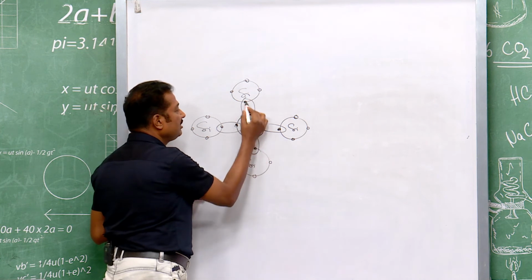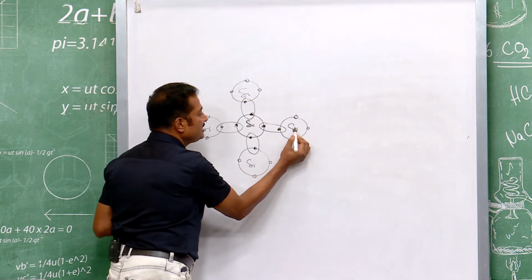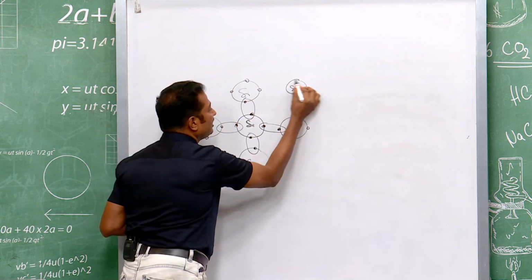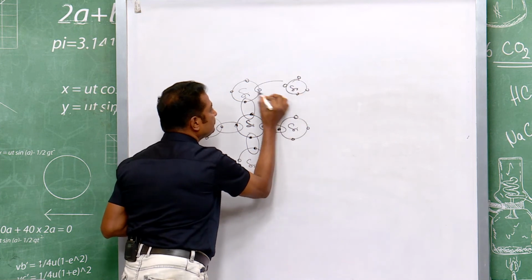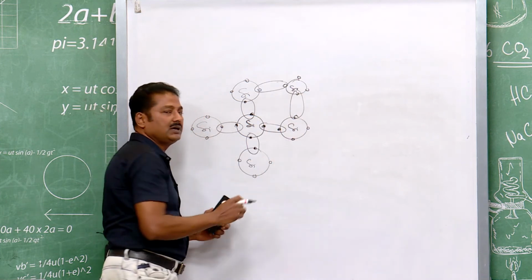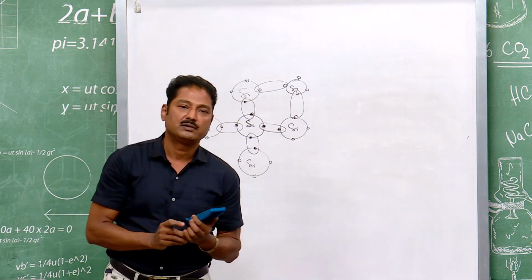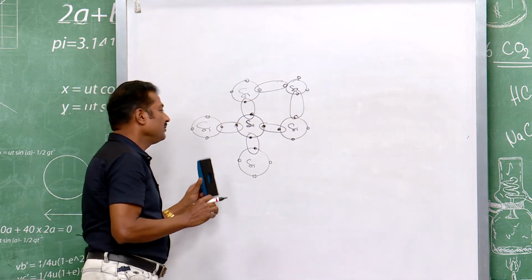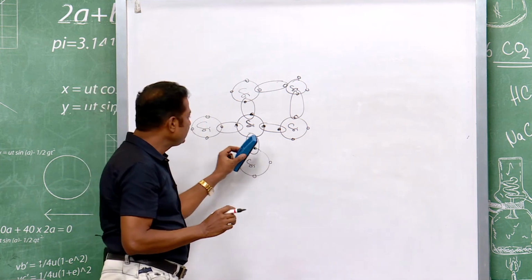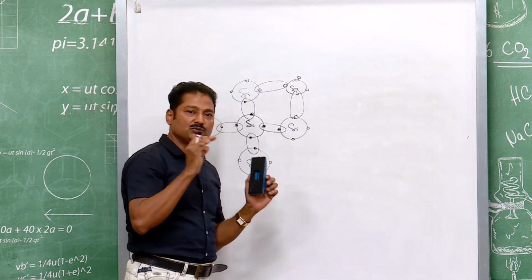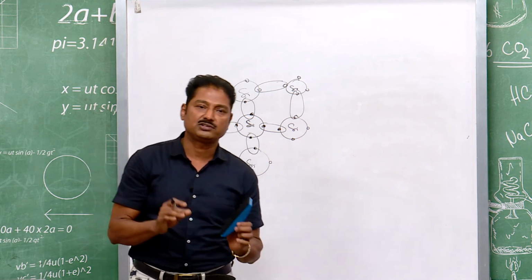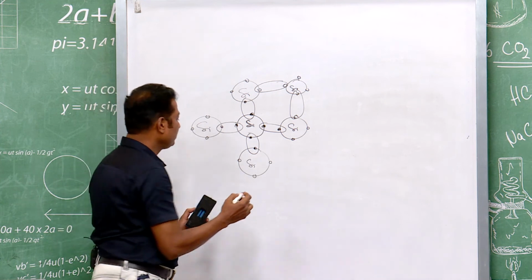For this silicon, there are 8 electrons. For this silicon, here is another silicon. In this way, the silicons are arranged and they form a stable structure. By its own structure, it is a semiconductor.